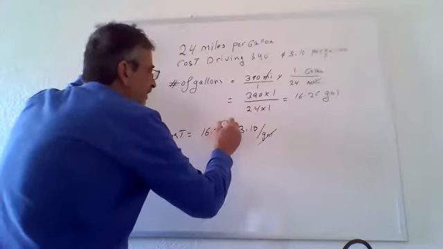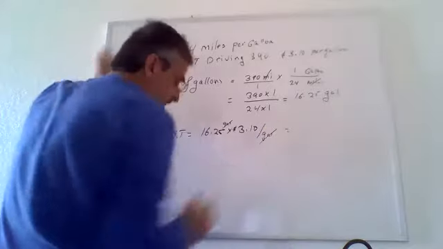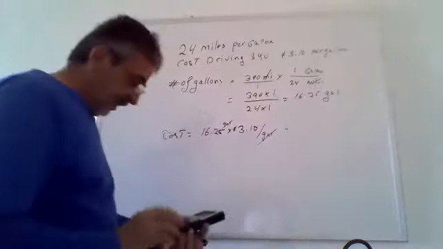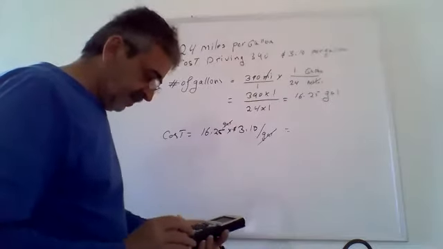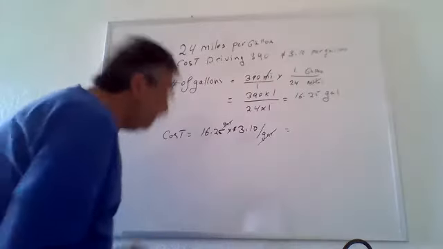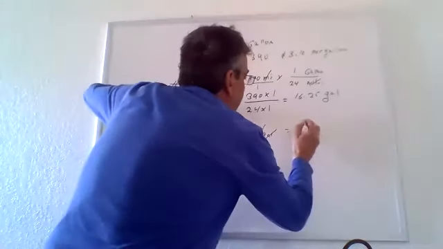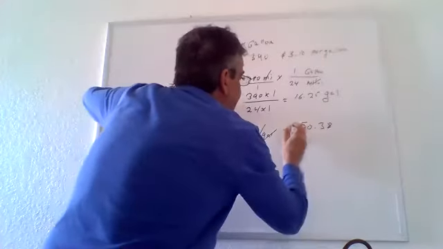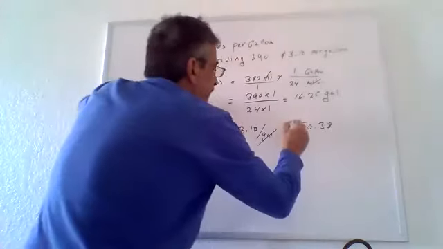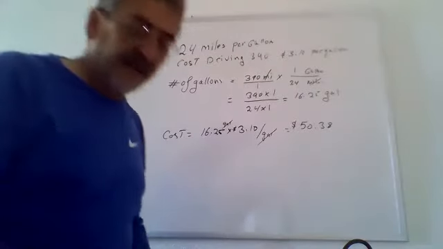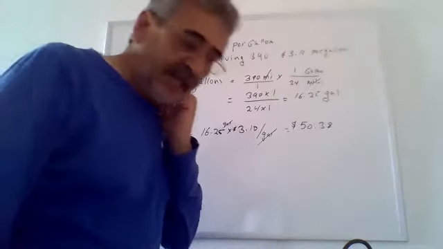So 16.25 times 3.10 is going to be $50.38. And that's the answer for the first problem. Any questions?